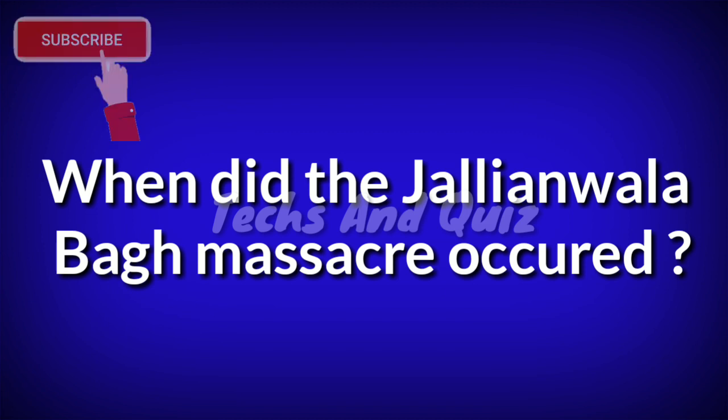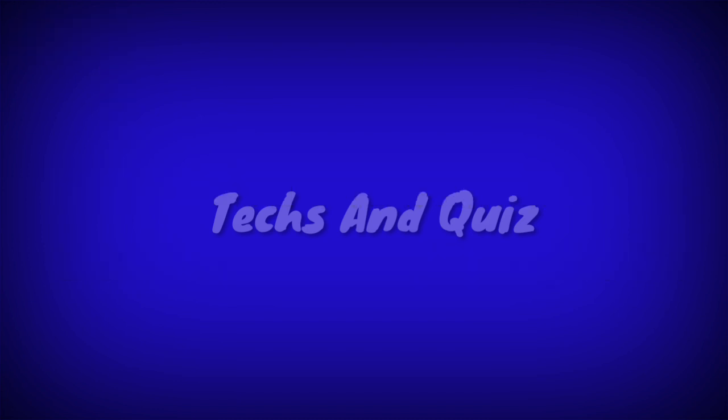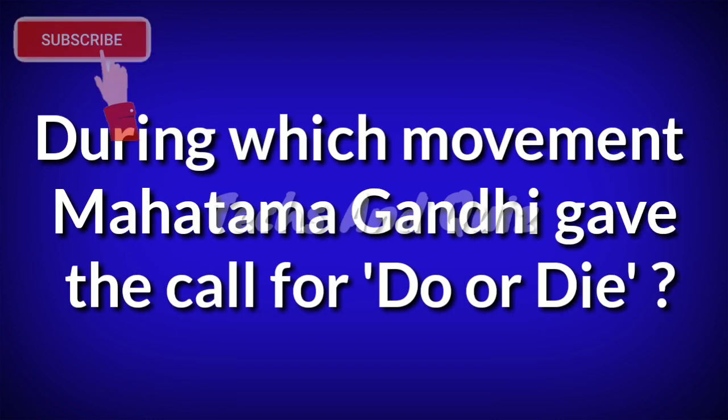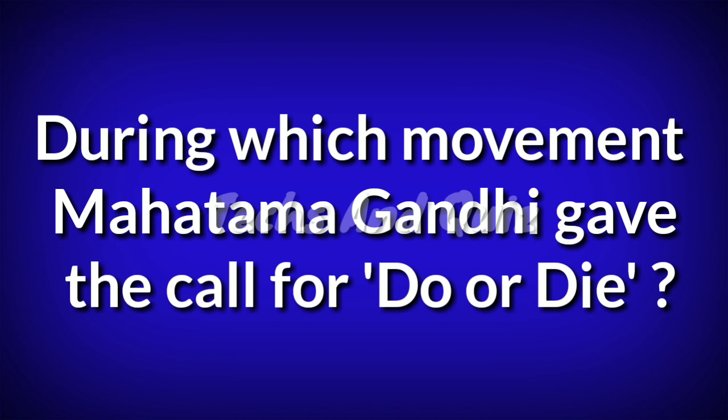When did the Jallianwala Bagh massacre occur? Answer: 1919. During which movement did Mahatma Gandhi give the call for do or die?